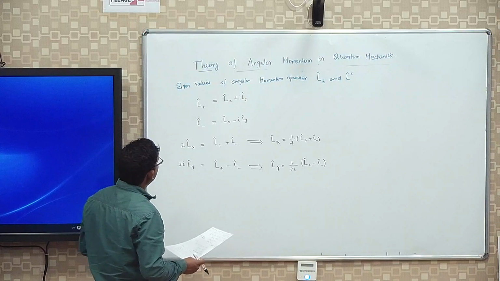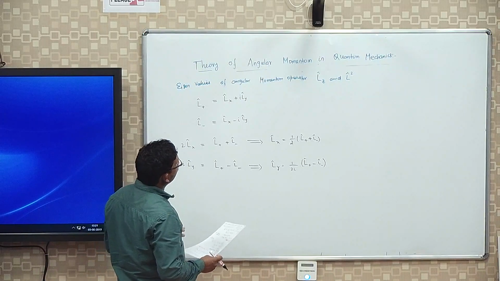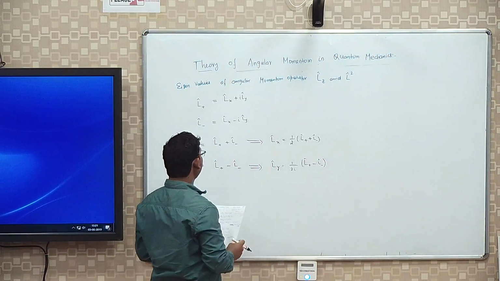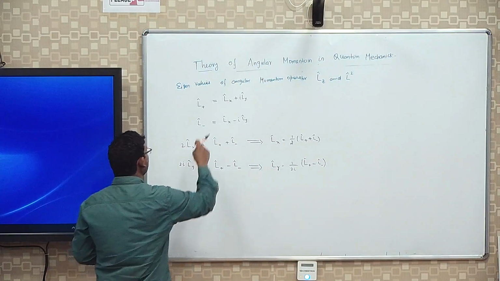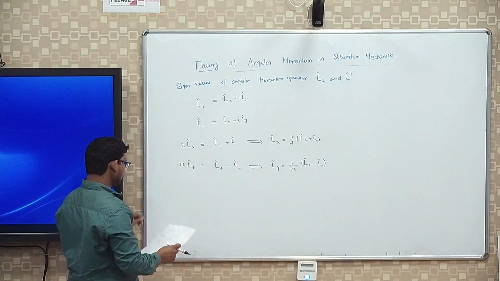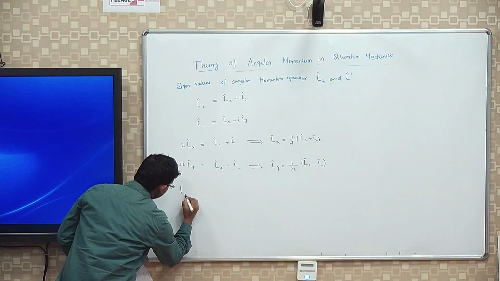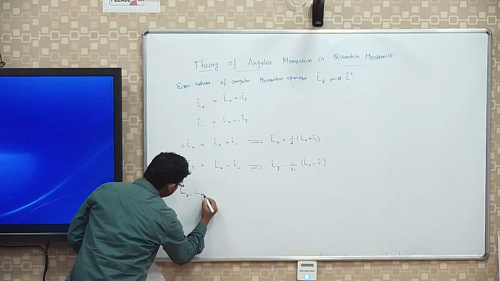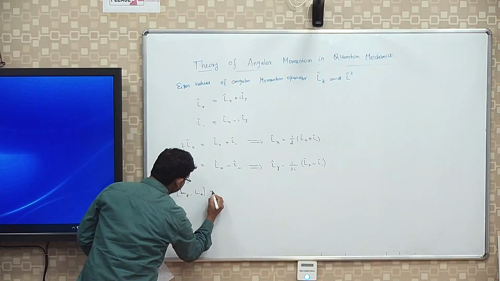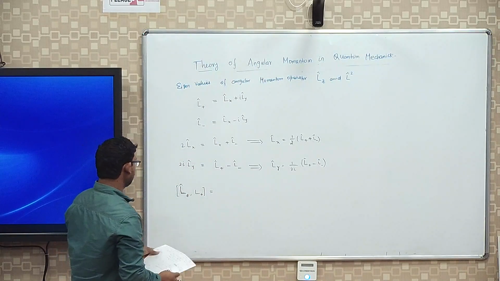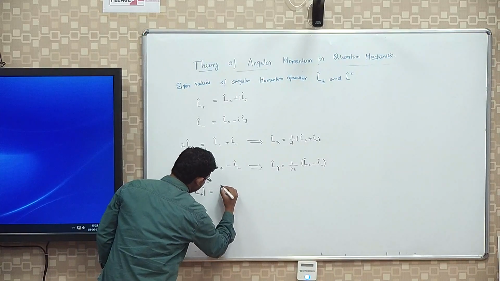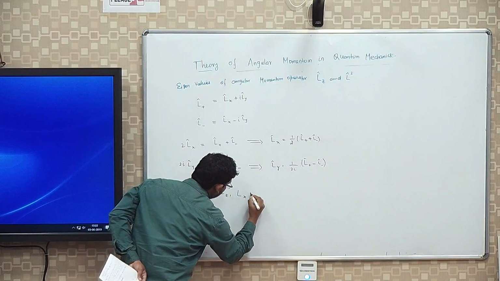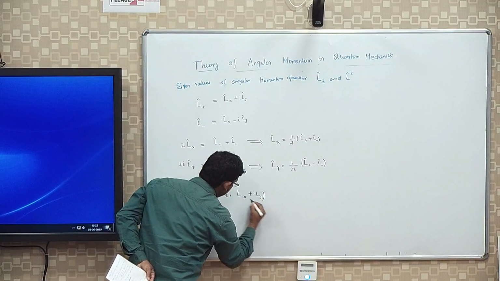The angular momentum operator Lz, the z component, commutes with the raising operator and lowering operator. So first let's check it: does Lz commute with the raising operator or not? We can write Lz with L plus, and we have this value Lx plus i Ly.